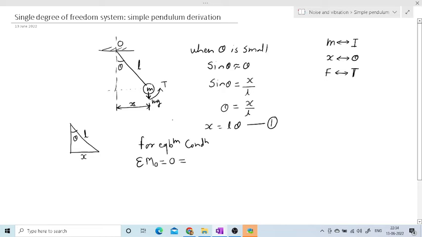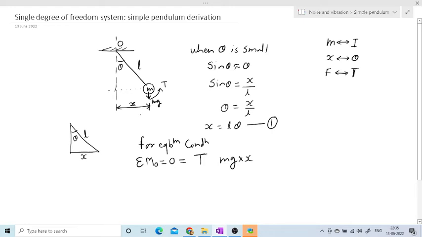Now write down the moments. The torque is acting about O in the anti-clockwise direction, and mg will generate a moment in the clockwise direction about O. So the moment will be mg into the perpendicular distance, so mg into x.